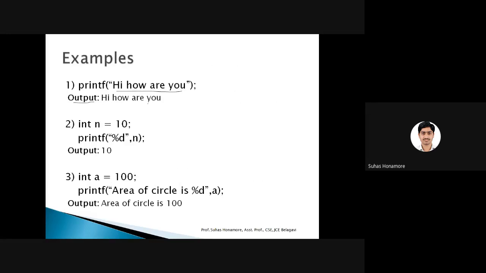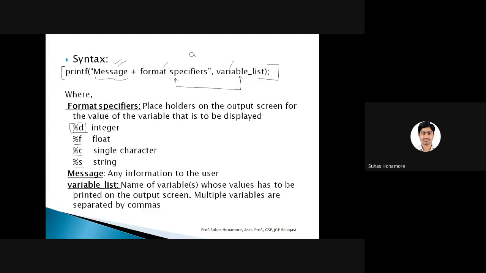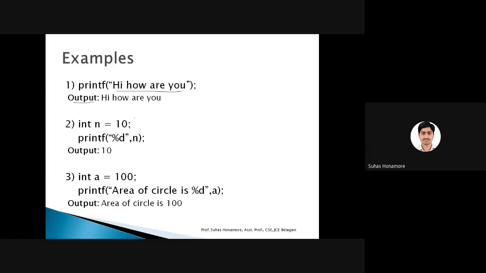In the second one, we don't want any message, we just want a variable value. Suppose we consider one variable n, which has the value 10, and you want to print this value. So we write percentage d, because you have to give a format specifier whenever you want to display a variable value.